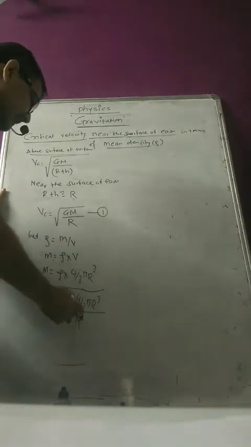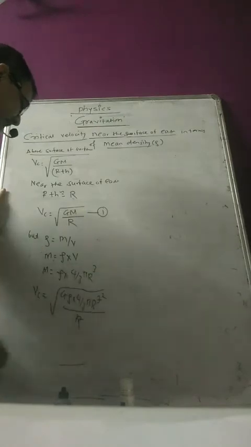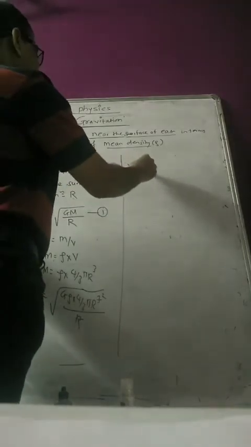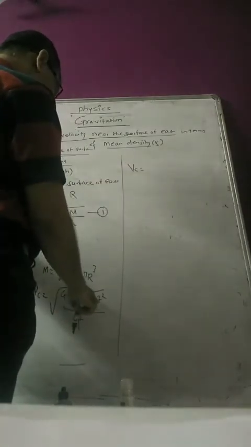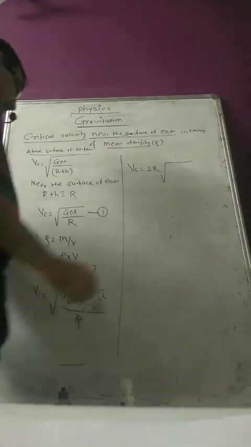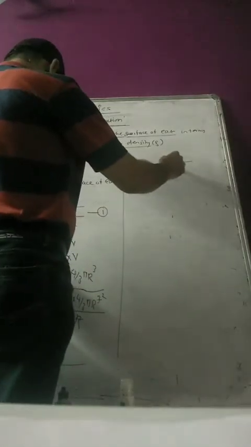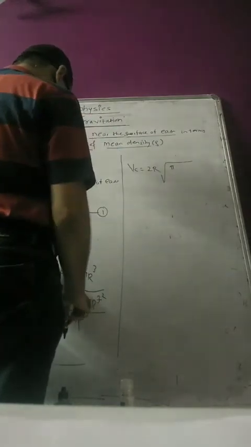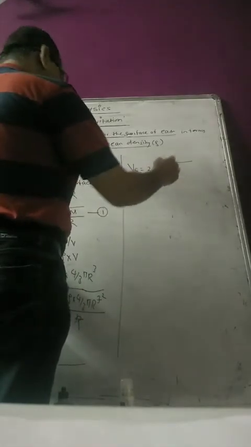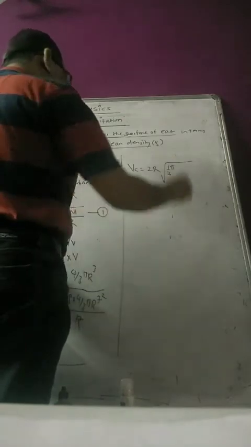Now one r gets cancelled, so r square will be left. Therefore this expression becomes critical velocity equal to, 4 r square, that 2r will be out of the square root. What remains under the square root is pi, 1 by 3, rho and g.